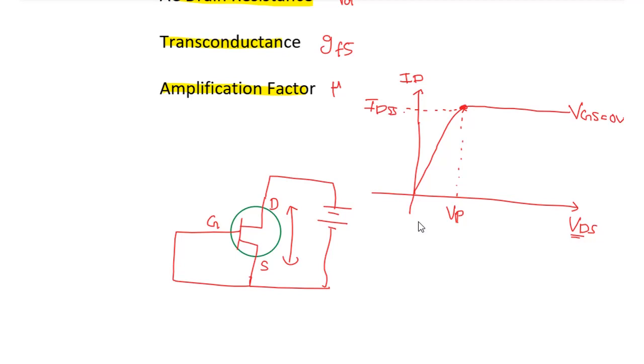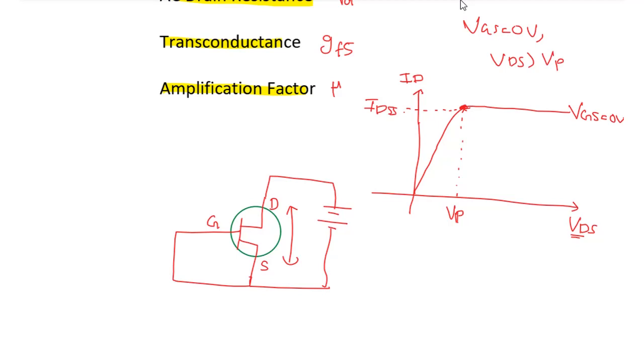So what is IDSS? IDSS is the maximum drain current for a JFET. So this is the maximum drain current. After that, the drain current is not increasing. It stays constant at that value. So IDSS is the maximum drain current of the JFET, and it is defined by the condition VGS equal to 0 voltage, and VDS greater than VP.